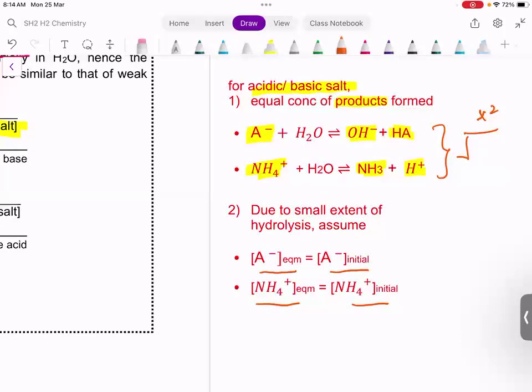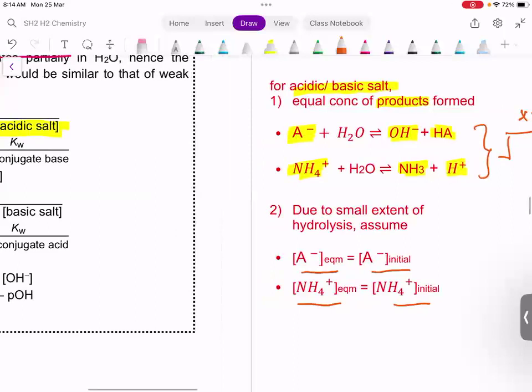In other words, what we have over here is initial because the extent of dissociation is very small. Therefore, we can assume it to be negligible. We are allowed to make certain assumptions because it's a good approximation and it simplifies your calculation.